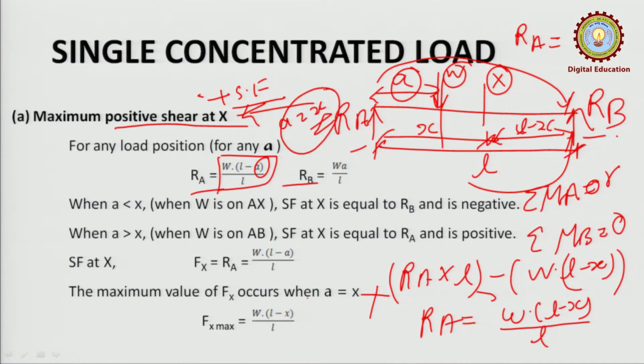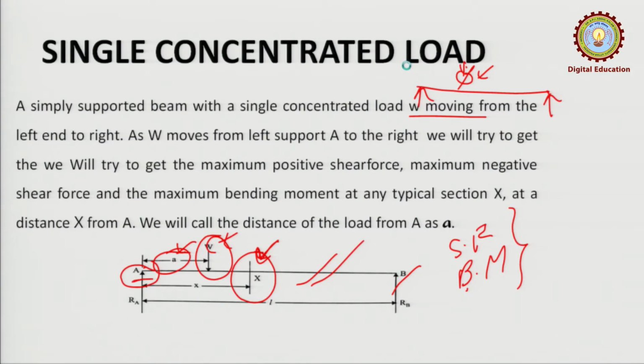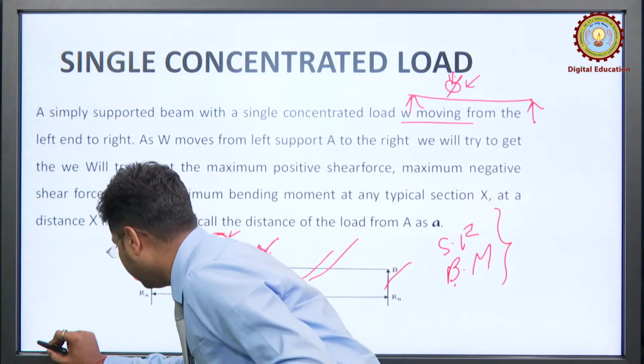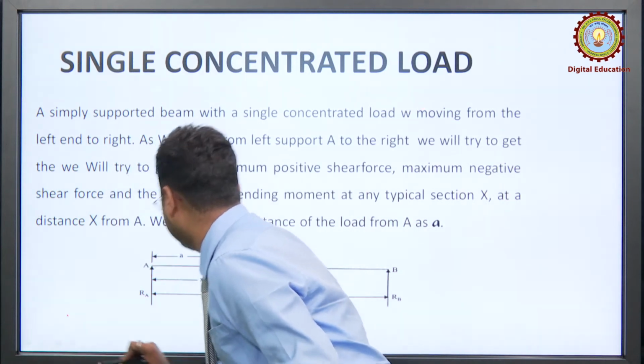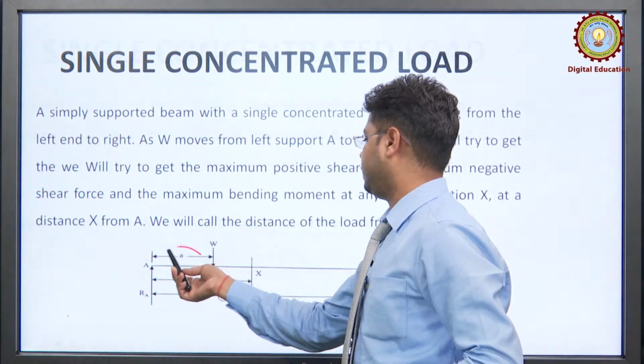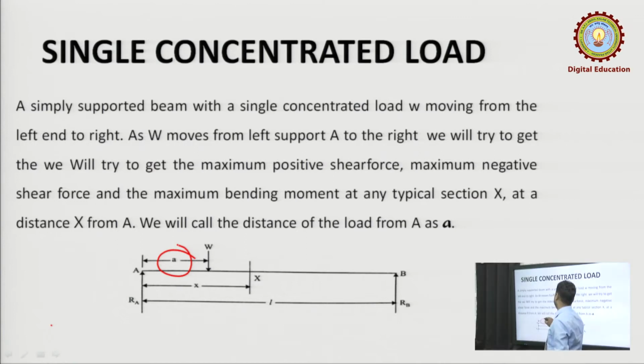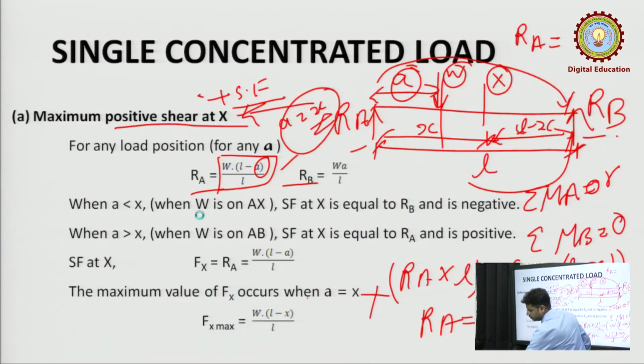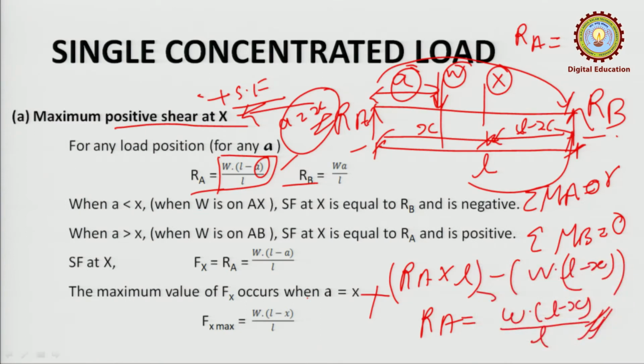Only for that reason the equation came as W L minus x upon L, which is the same value, because the distance given here is A, and we suppose that the reaction is x. Because of that reason the value came as W L minus x upon L.